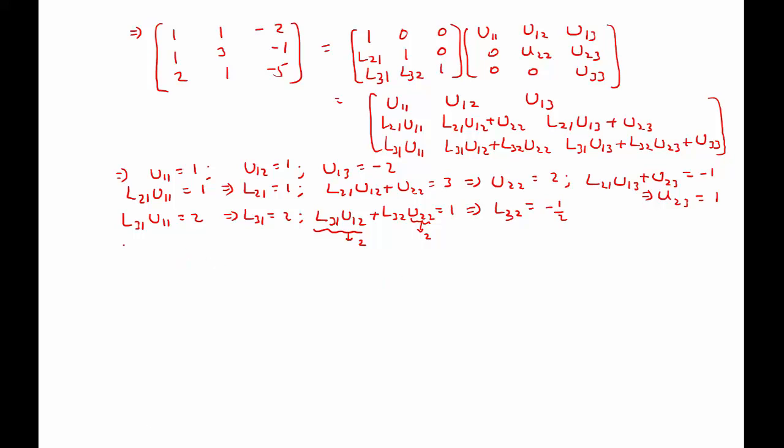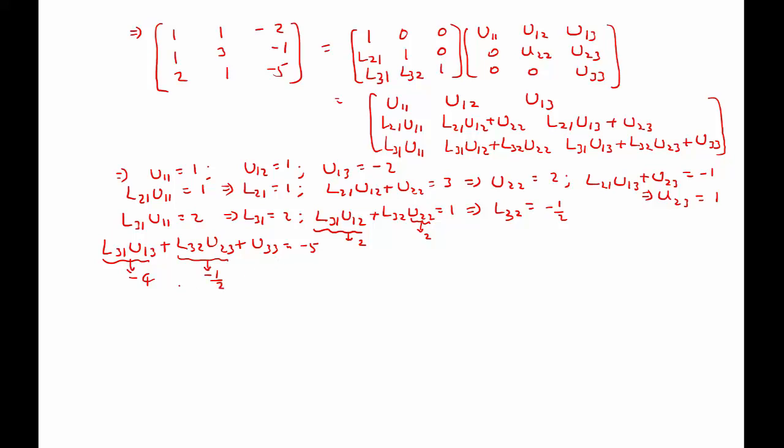Next, last element: L31 u13 plus L32 u23 plus u33 is equal to minus 5. So L31 into u13, u13 is 2 into this 2, minus 4, L32 minus half, and u23 is 1. So this simplifies to minus half.